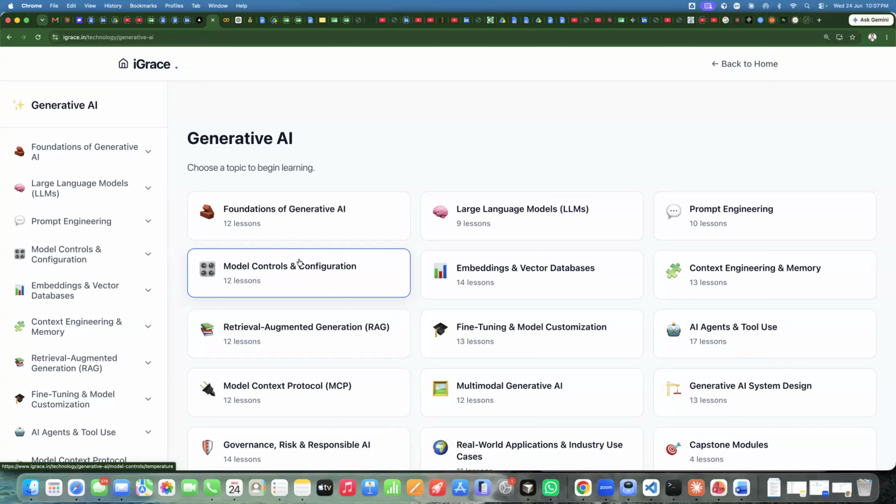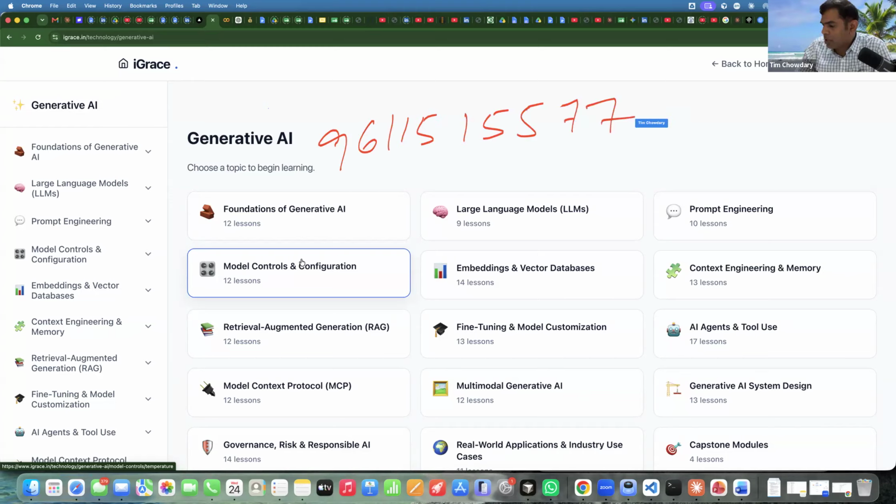I dropped a mail on the same, and nobody has replied yet, and I don't have any idea what course they are selling. So I do not know anything. Just drop me a note on this WhatsApp number. I'll share more details.